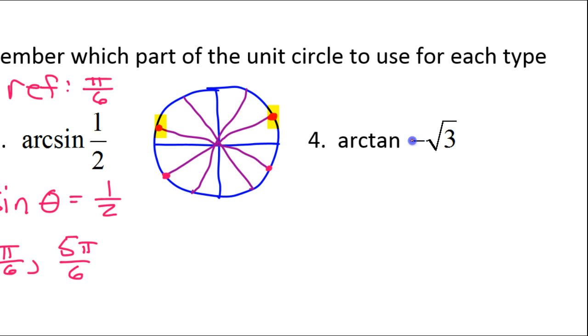This one is interesting because now it's negative. Again, pause the video please and try to do this problem by yourself. Arctangent is asking you the question, the tangent of what angle is equal to negative radical 3? Let's start by finding the reference angle.